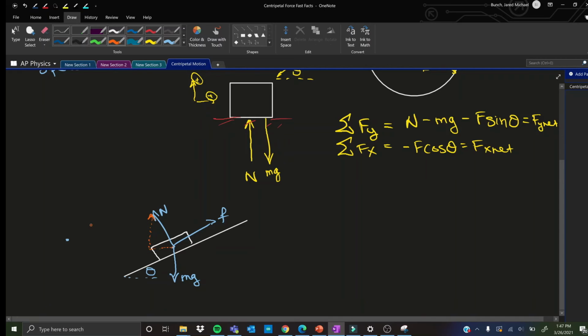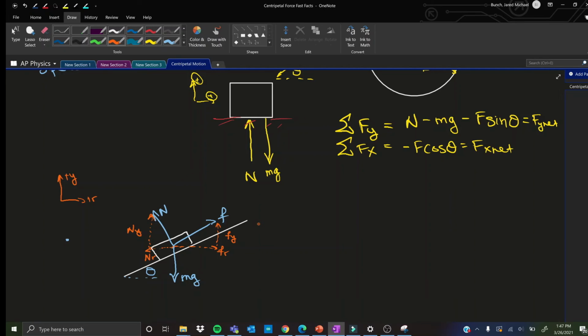So we've got, let's say, positive radial direction this way, positive y direction up to the top. So this would be Ny, and this would be Nr, and this would be Fr, and this would be Fy. And so I'm just breaking the normal force and frictional force into horizontal, and when I say horizontal, I mean radial components and vertical components.